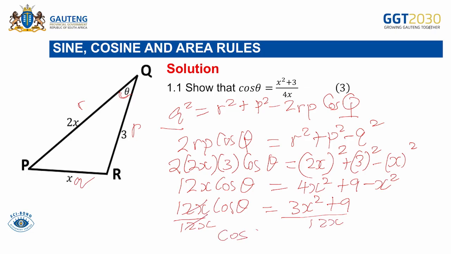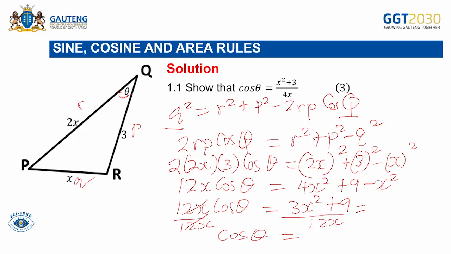Therefore, our cos theta equals, if you proceed here, you are going to realize something. Look at the numerator. What do you notice in the numerator? Don't think of factorization in terms of quadratic equations, because that is a plus 9. Maybe what you can think of there is common factors.